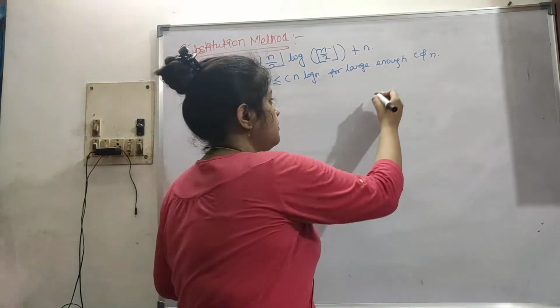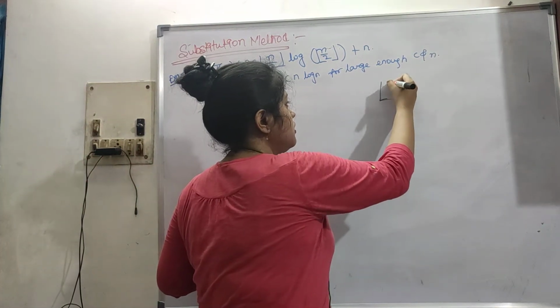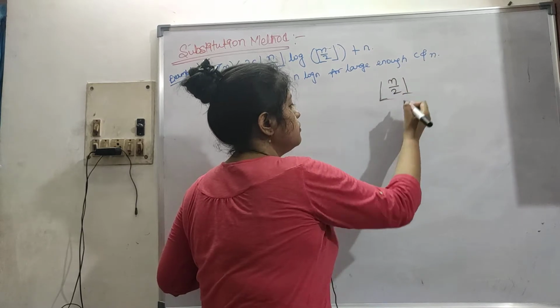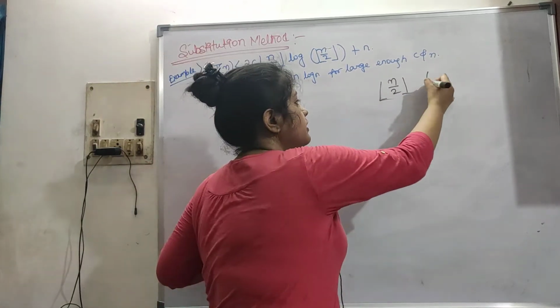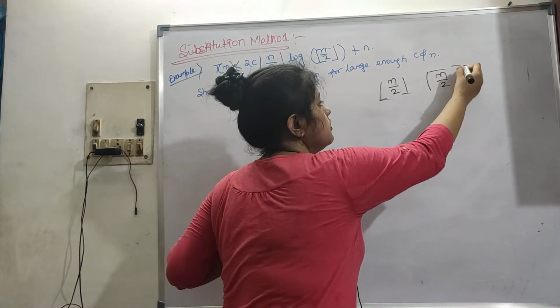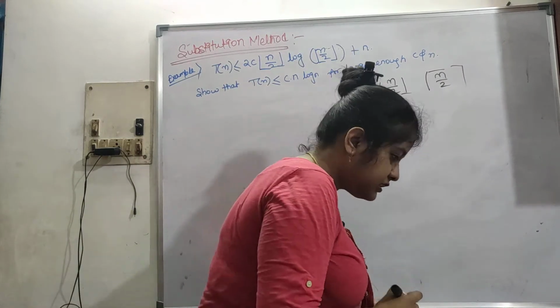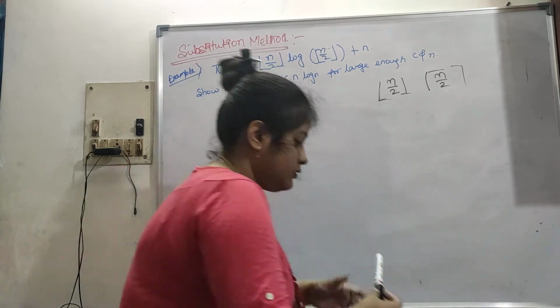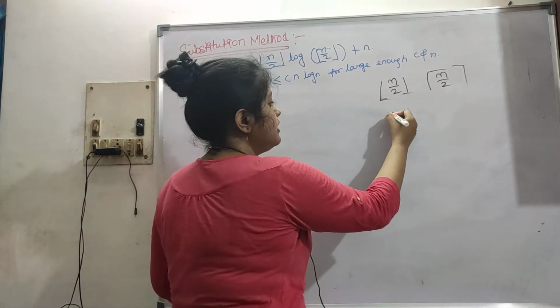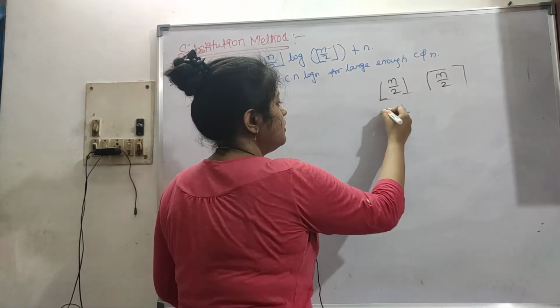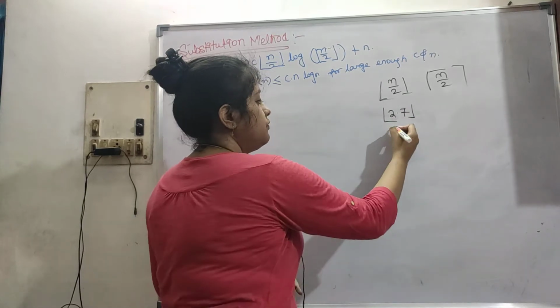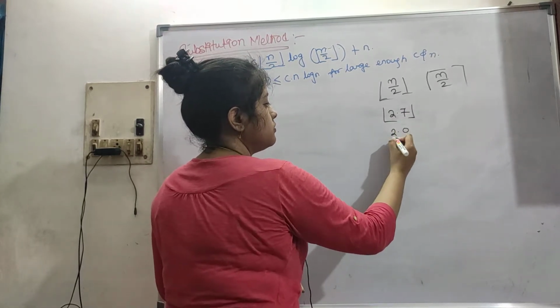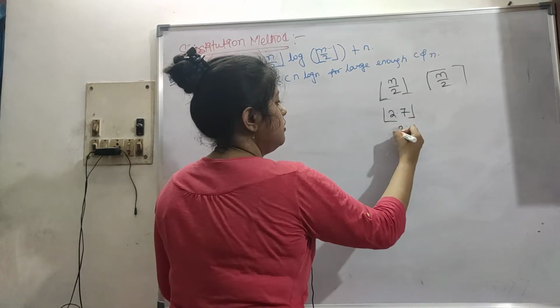Okay, what does that floor mean? Floor of n by 2. So this is floor and this is ceil. Floor means, let's say if it is 2.7 and we take the floor, it will be 2, only 2.